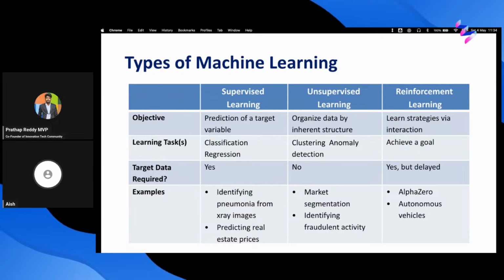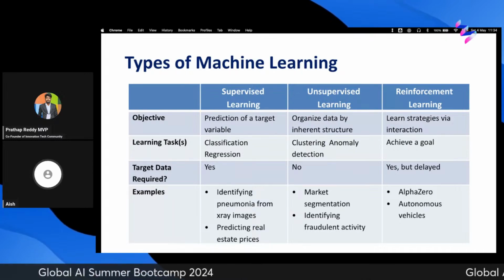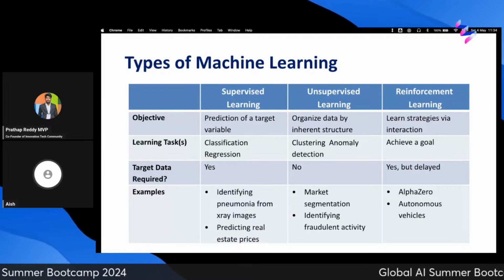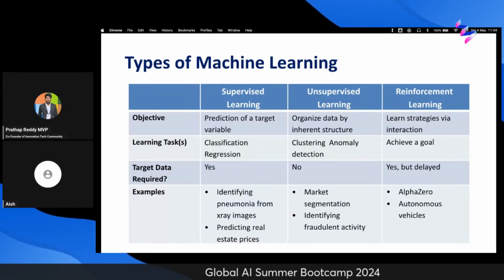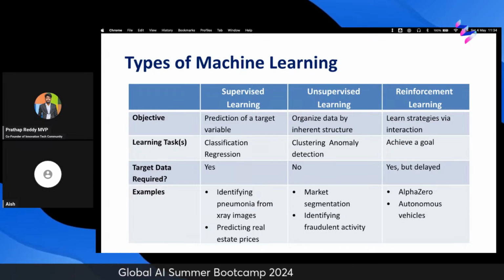And I'm predicting real estate prices as well. You already have historical data: these are 10,000 homes in Bangalore, and these are the prices of these homes. So we already have that label data. That is an example of supervised learning.